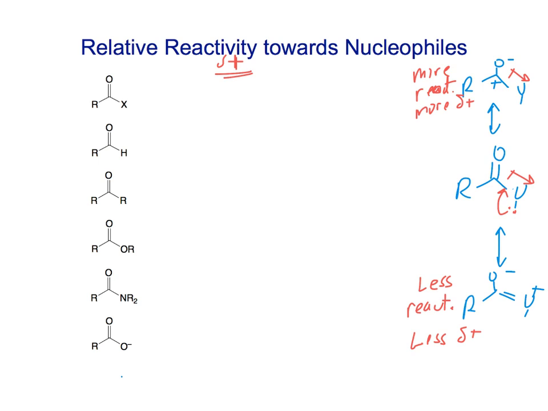So these groups down here, you know, the ester is good at donating. The amide is good at donating. Okay? We didn't even talk about this carboxylate, and I think in the book they don't really talk so much about this, but let's say that this R can equal H or alkyl.